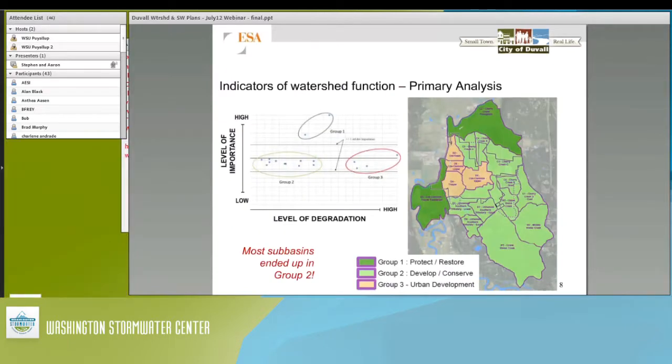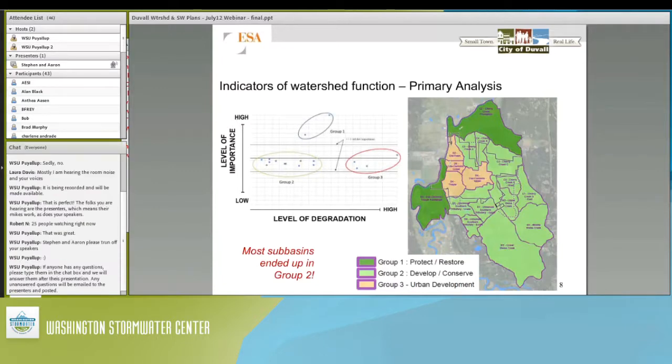So the primary analysis was focused on the overall results for water flow. That was the management matrix, combining the level of importance and level of degradation in those assessments. The 17 subbasins were sent to Colin, Susan, and Stephen at Ecology, and they reran the model.